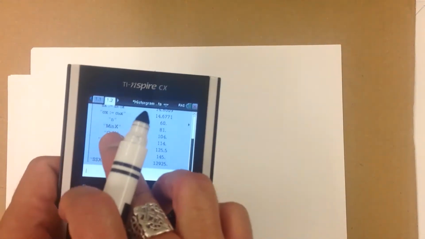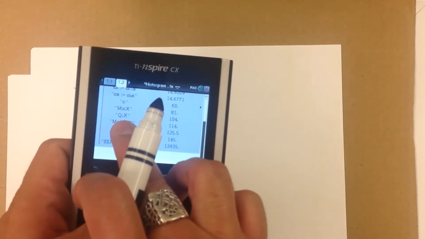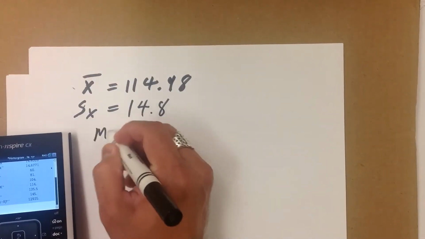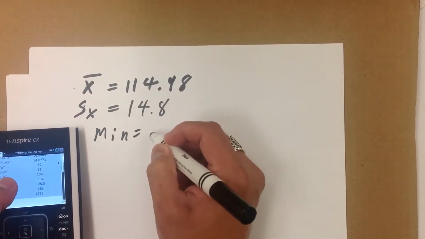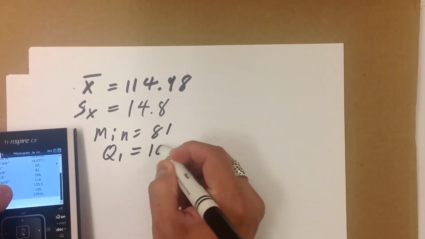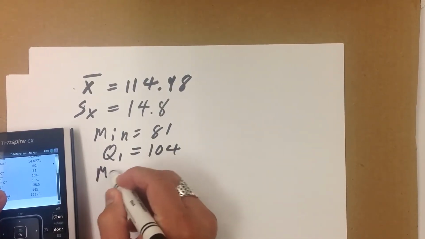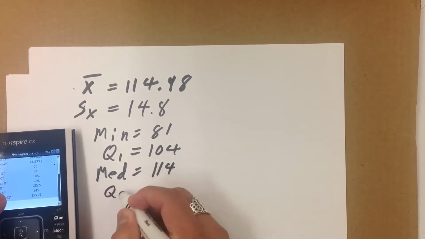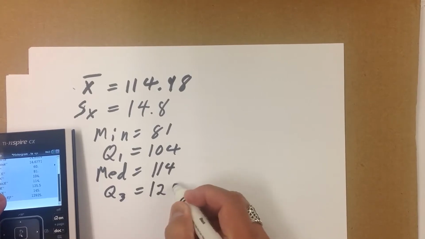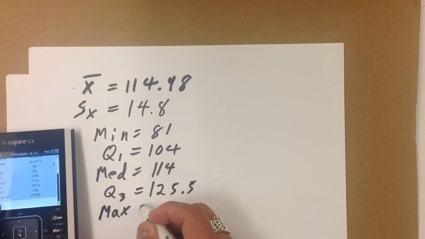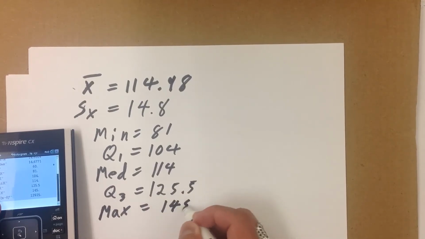Next is our 5-number summary. So remember, our 5-number summary is minimum, Q1, median, Q3, and maximum. So we just need to write it out from here. Minimum is 81, Q1 is 104, median is 114, Q3 is 125.5, and max is equal to 145.